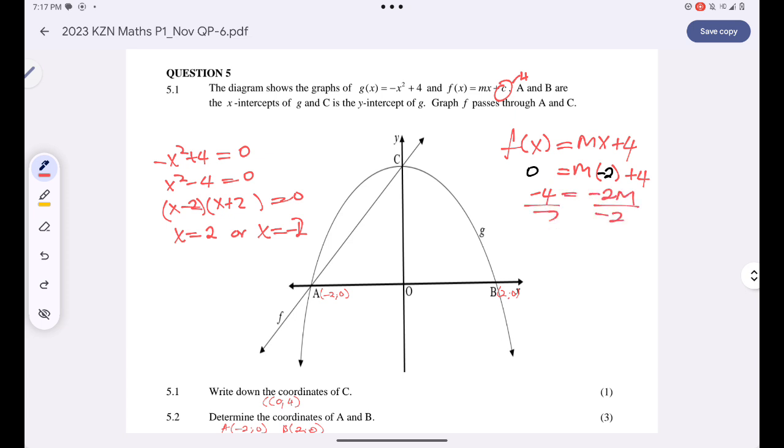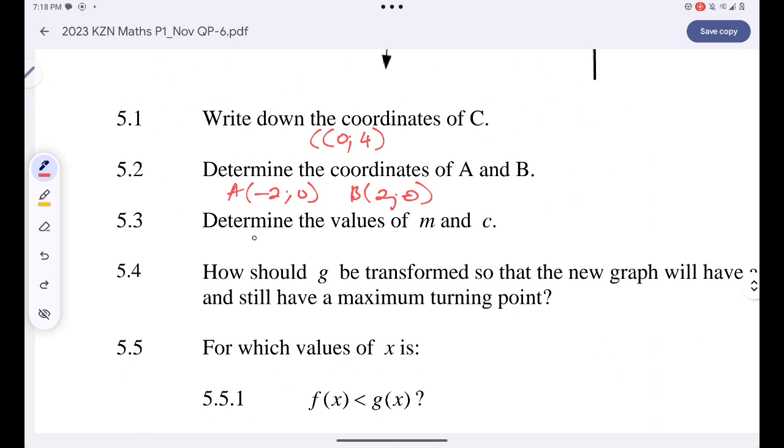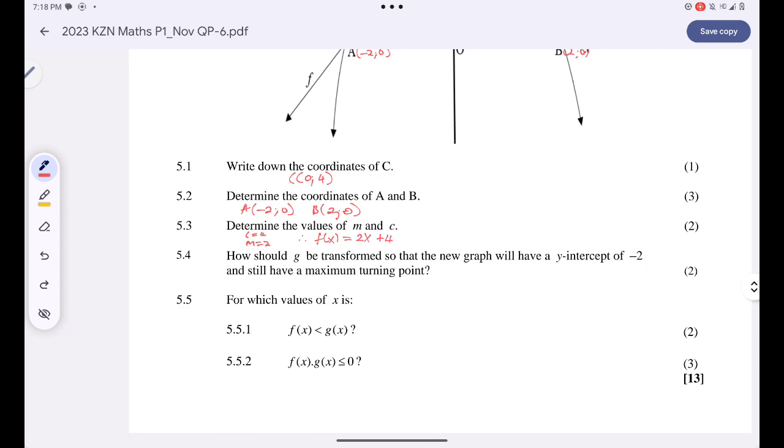Divide both sides by negative 2, then m is just equal to a positive 2. So now I know that c is 4 and m is equal to 2. And the equation for f of x simply says 2x plus 4.